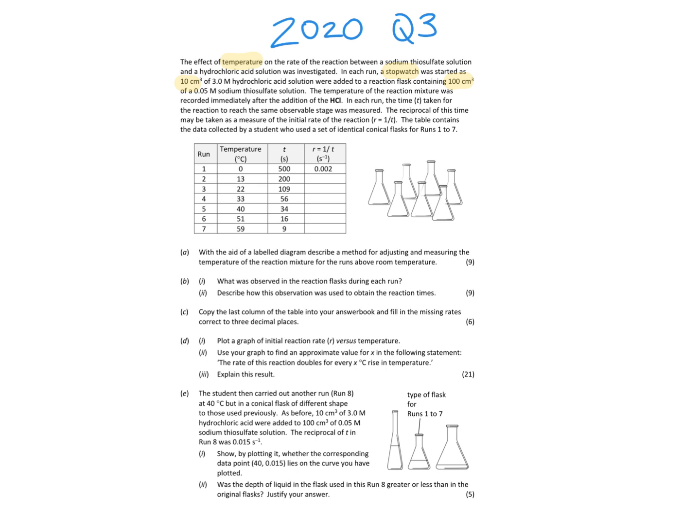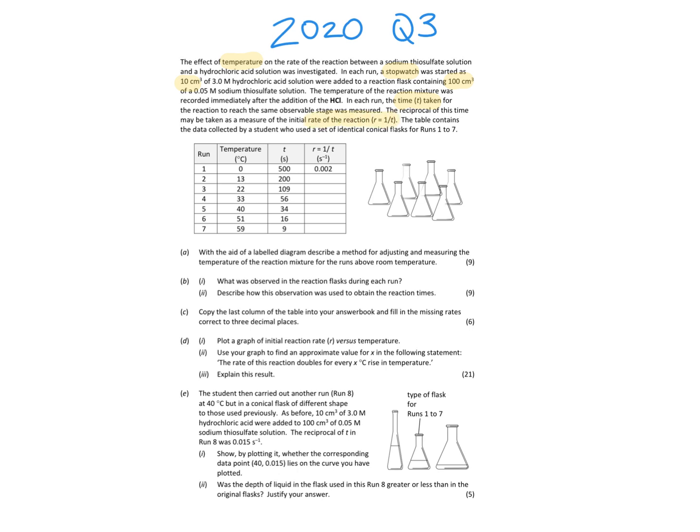The temperature of the reaction mixture was recorded immediately after the addition of the HCl. In each run, the time taken for the reaction to reach the same observable stage was measured, and the reciprocal of this time may be taken as a measure of the rate of the reaction, so 1 over T.